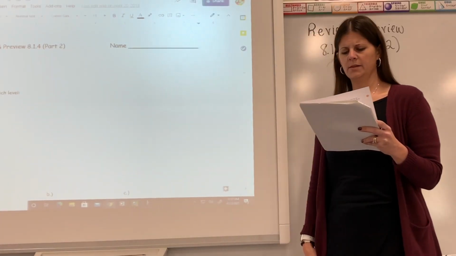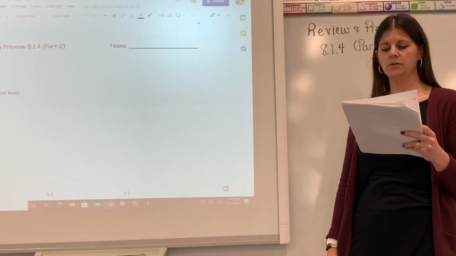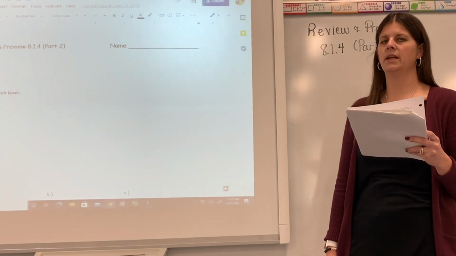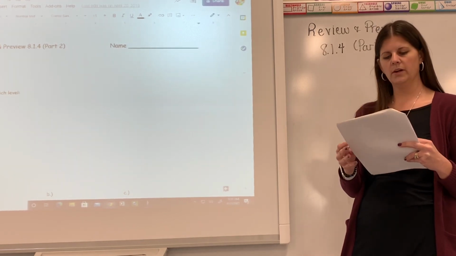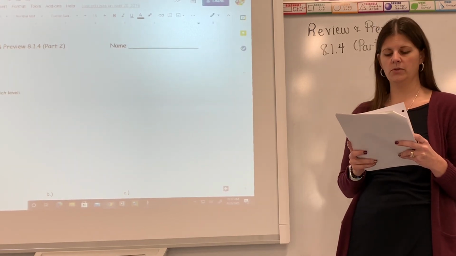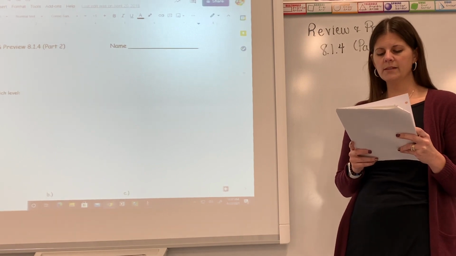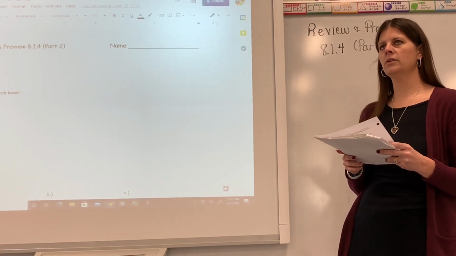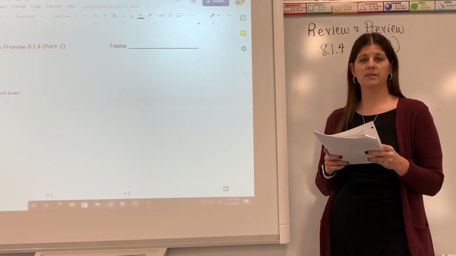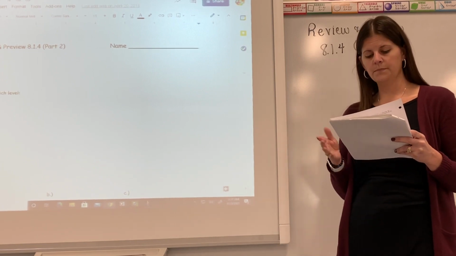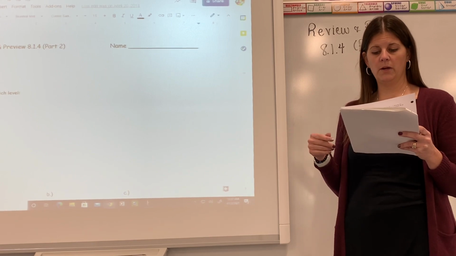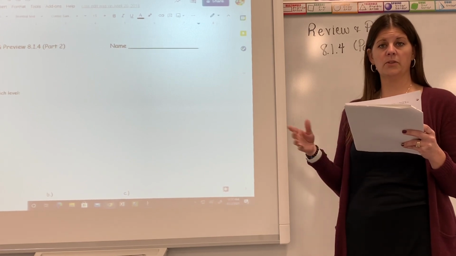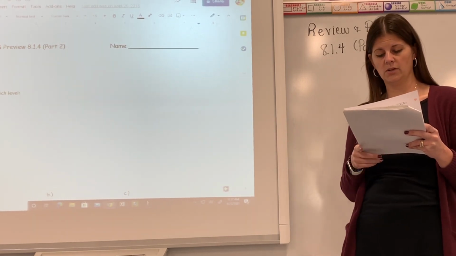It also asks in part A, does that school have more students in K through 2, 3 through 5, or in 6 through 8, and how do you know? To make that decision, you've got to think, okay, kindergartners through 2nd grade are probably 5, 6, 7, 8 years old. 3rd through 5th would be 9, 10, 11, maybe 12. 6 through 8, 12, 13, 14, probably 11 to start with.